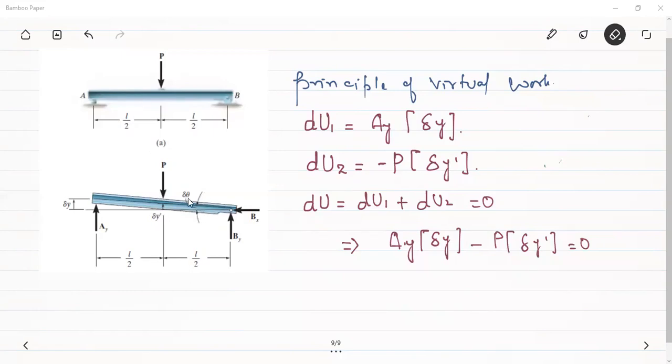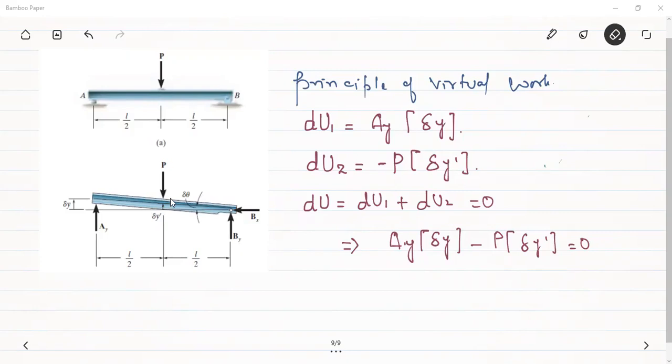Therefore, this one angle, the angular displacement of this beam, delta theta, is sufficient to provide us the information regarding the displacements of all the points. Therefore, it is a single degree of freedom system. The number of degrees of freedom we define as the number of independent coordinates that will completely specify the position of all the points here.